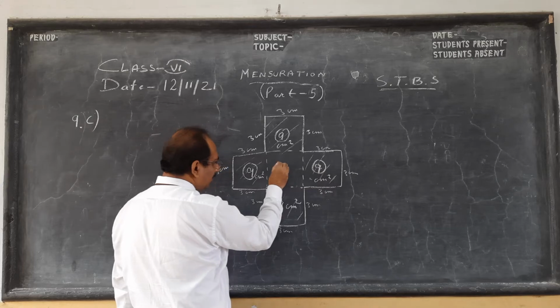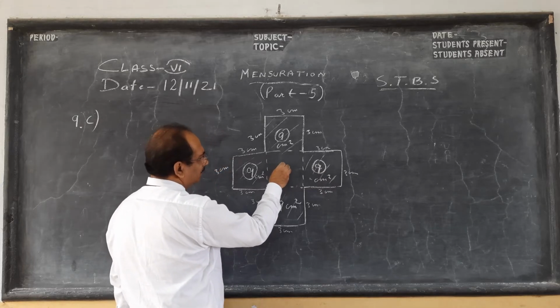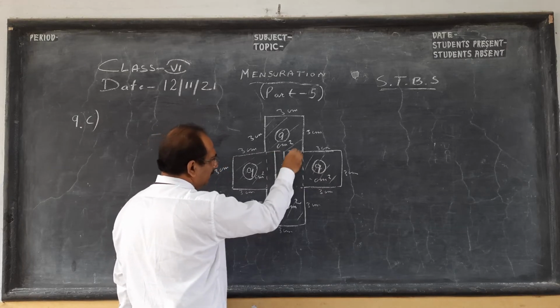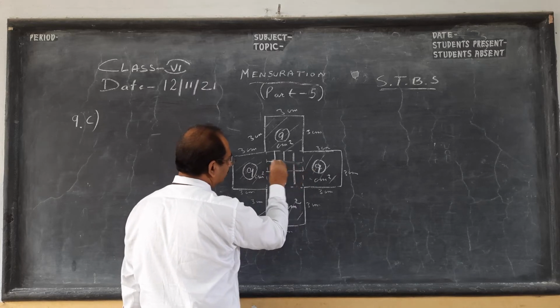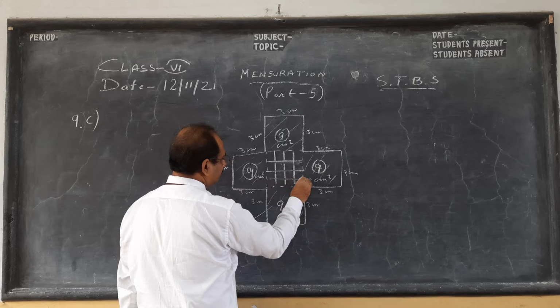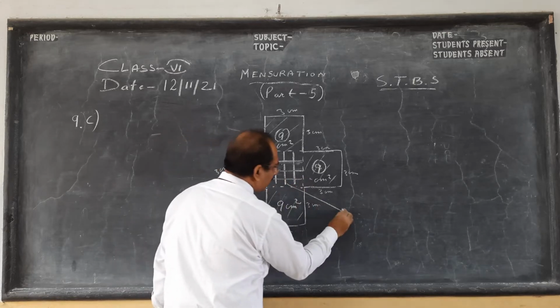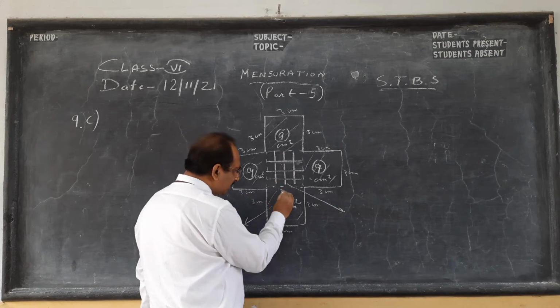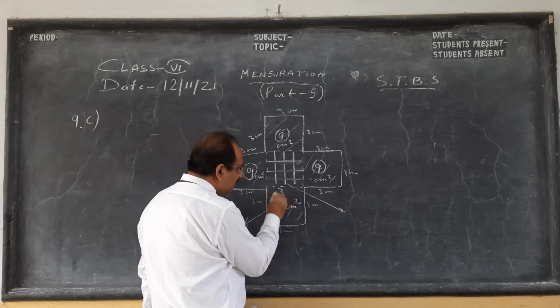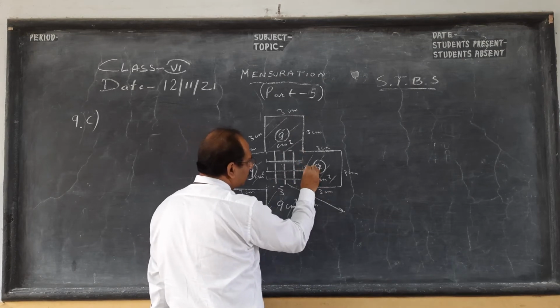Now last but not the least, see this one where I'll do shading like this, crisscross. Okay, this is also a square. See, whose side is, this is 3, 3 means this is parallel to this is 3, and breadth is also 3.